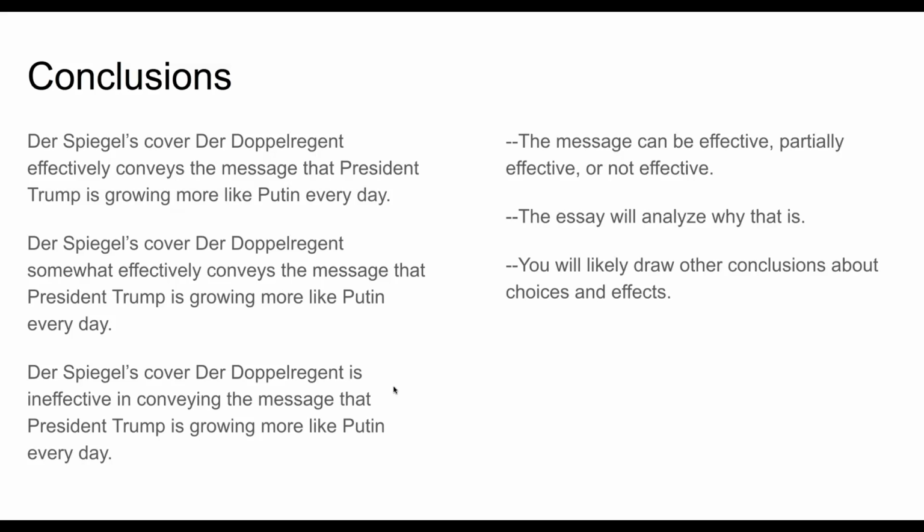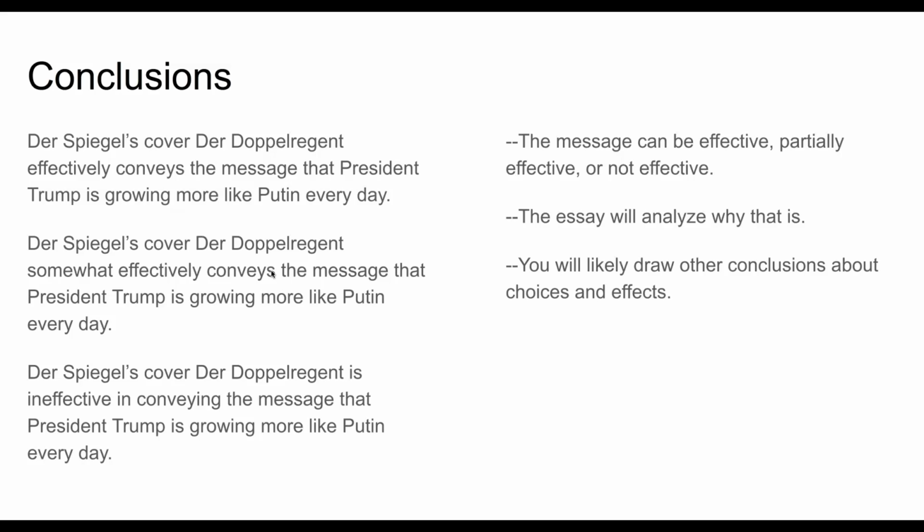Okay, I've got one that says it's somewhat effective, in which case I might talk about the parts of the message that really come across well, and then places where it's maybe a little bit confusing and the message isn't working as well. Okay, and then I've got one that says it's ineffective, in which case my paper would be arguing where it's failing.